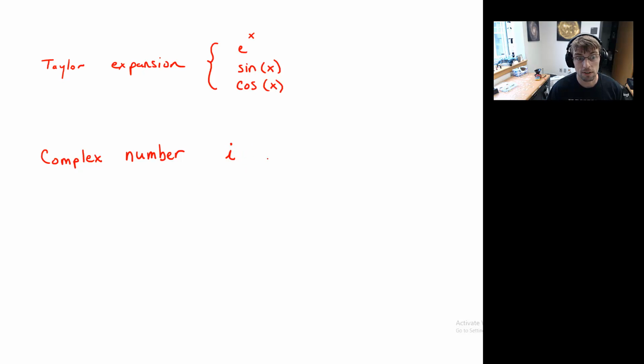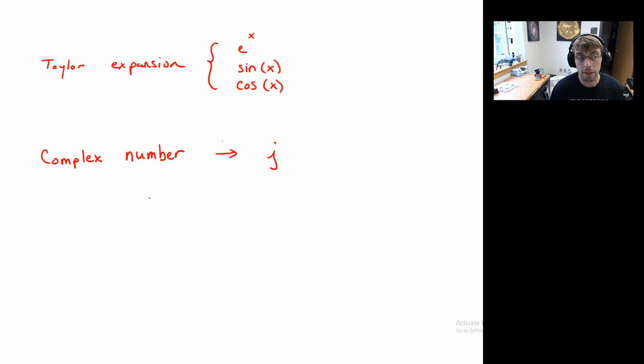Engineering textbooks tend to use the letter j instead, because you don't want to mix this up with the time-dependent current. So our book and most electrical engineering textbooks will use j, and I'll try to make it this more stylized thing, cursive j, if you will. So don't use i, use j. And we are going to have a discussion about what j does, and why it is important in this context.